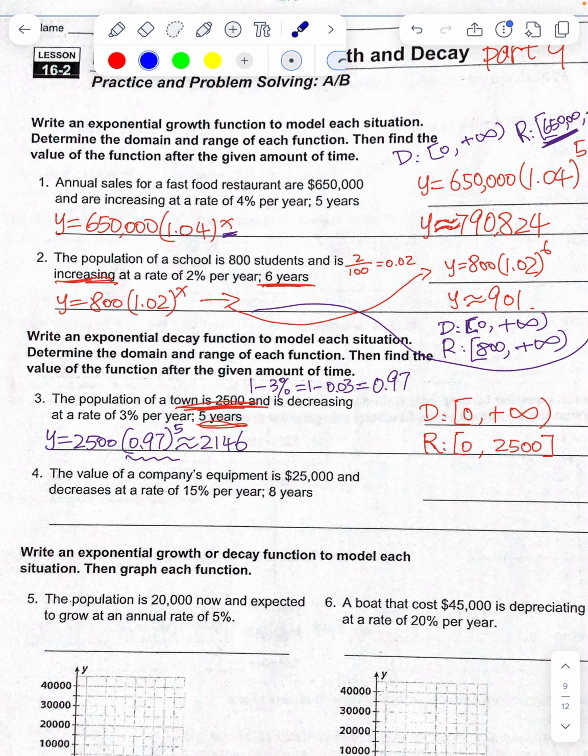Number 4, the value of a company equipment is 25,000. And the decrease at the rate of 15% per year, then 8 years. It's going to be 25,000 times, I need to figure out 1 minus 15%. 15% is just 0.15, yeah?